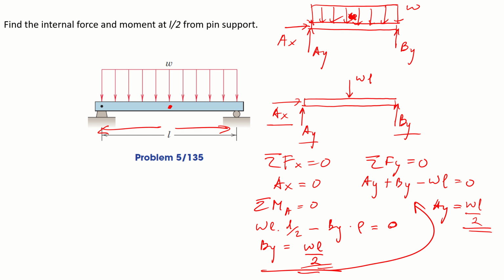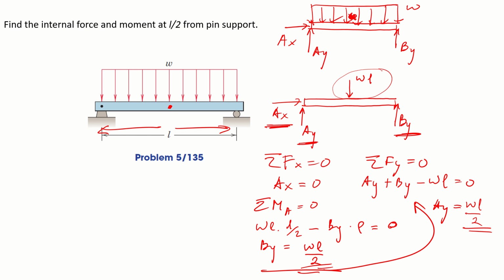In order to find the external reaction forces, By, Ay, and Ax, you can assume that the whole w is represented by this concentrated force, wL, exactly at the centroid. But if you want to find the internal force, you can't use the same approach.